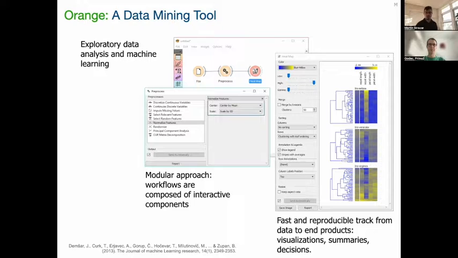It is based on constructing workflows that are composed of widgets, which are concise and self-sustained components which perform computation, visualization, or training of the models. It enables fast and reproducible research that can easily be shared through workflows that are highly reproducible recipes of how to analyze a certain data set.